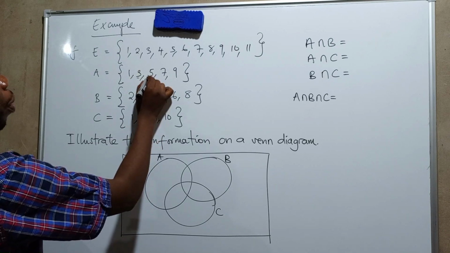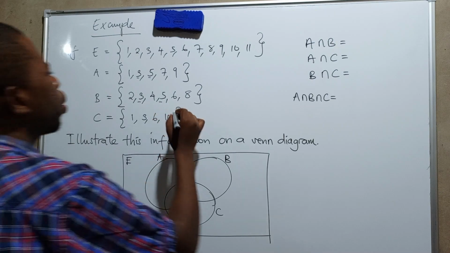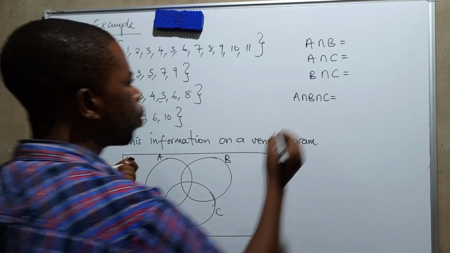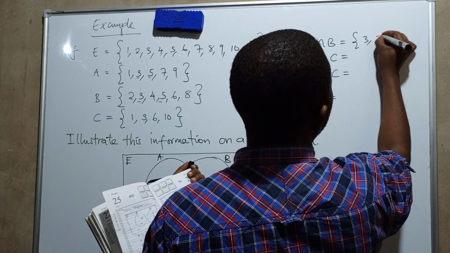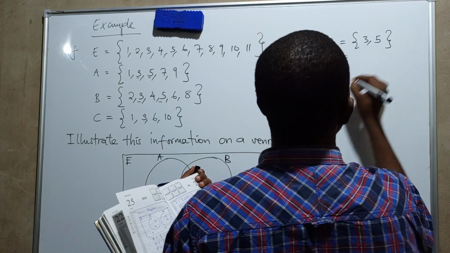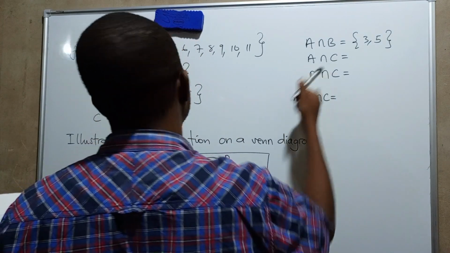What else? 5. I can see 3 and 5. So here we'll say 3 and 5.